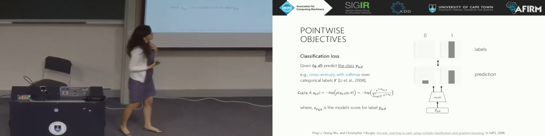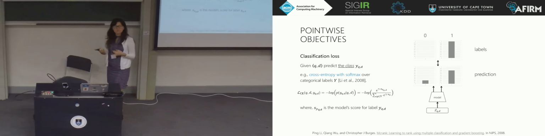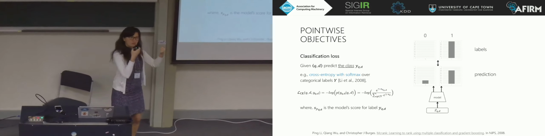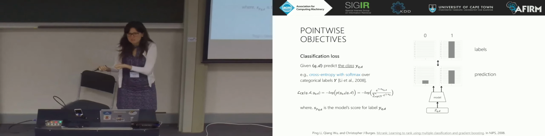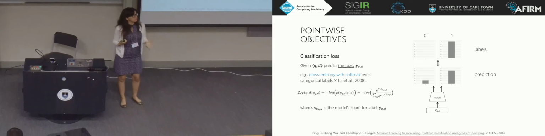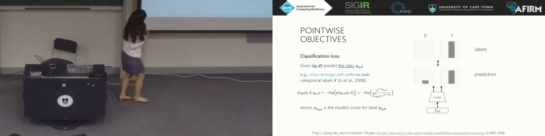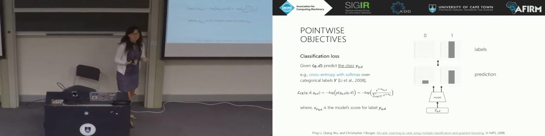In point-wise objectives, you can also cast it as a classification problem instead of a regression problem. So now, if you have two kinds of labels, relevant and non-relevant, in a sense, you have two classes. So your goal here is to predict whether you should assign each document to the relevant class or non-relevant class. Again, you have seen in the first part, Nick showed how we can do classification.